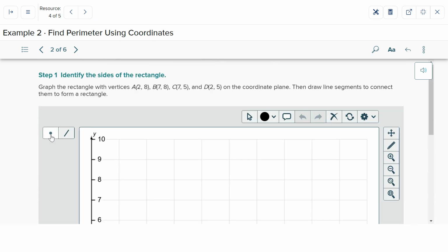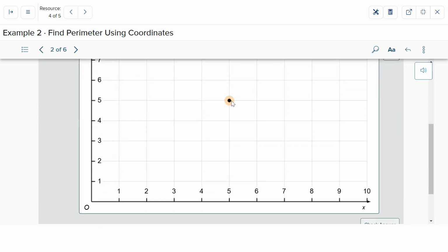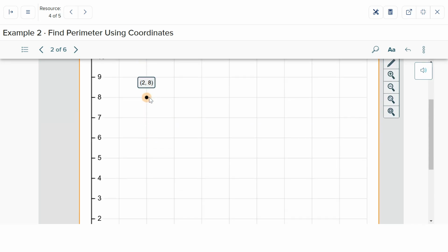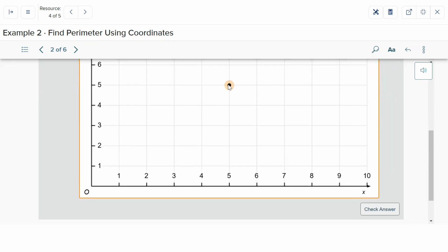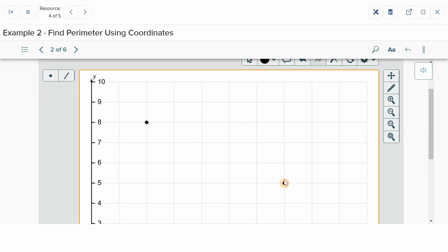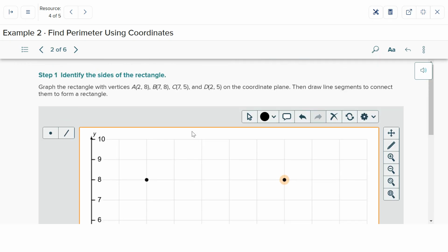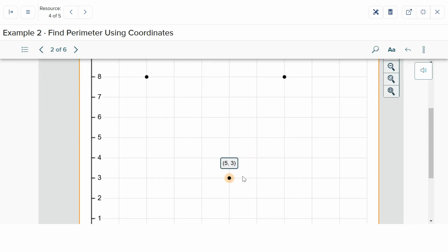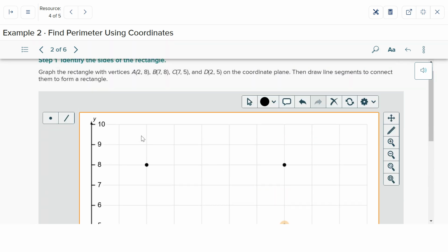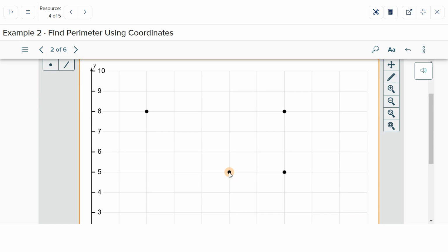I think I'm going to be bad at this. Okay. 2, 8, and then 7, 8, and then 7, 5, and then 2, 5.